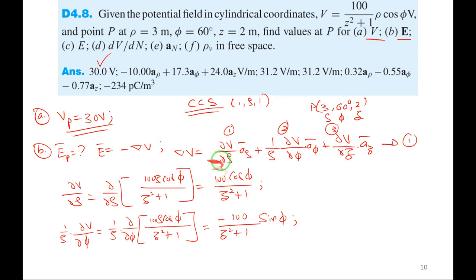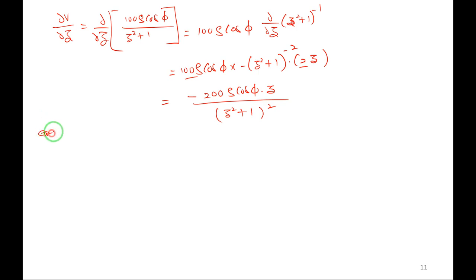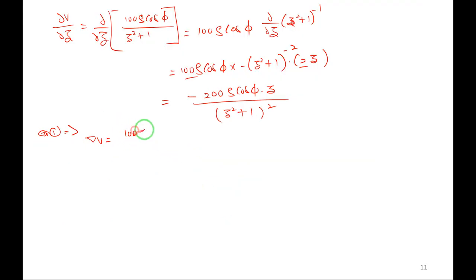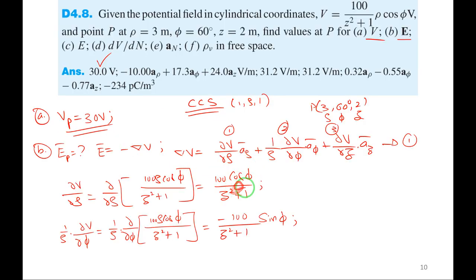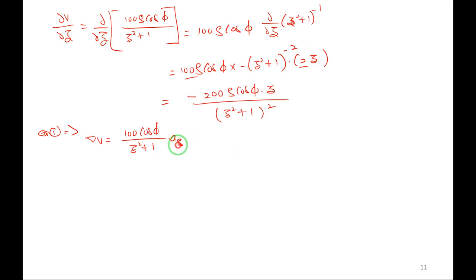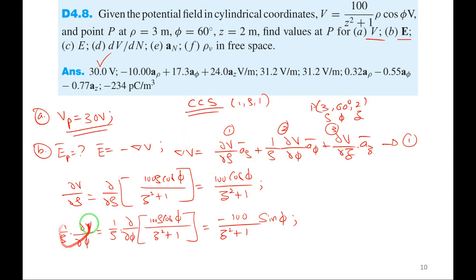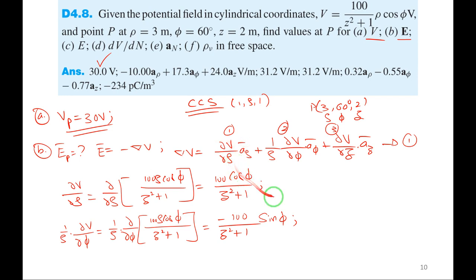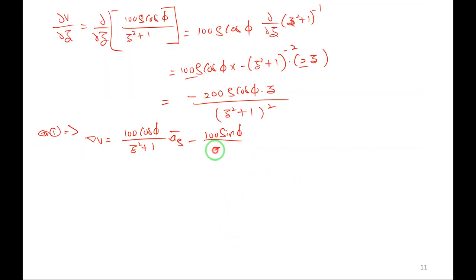Yes, we'll substitute in equation 1. So del V is equal to: the first term is 100 cos phi by z square plus 1 into a rho. Then the second term is 1 by this entire thing, so minus 100 sin phi by z square plus 1 into a phi.